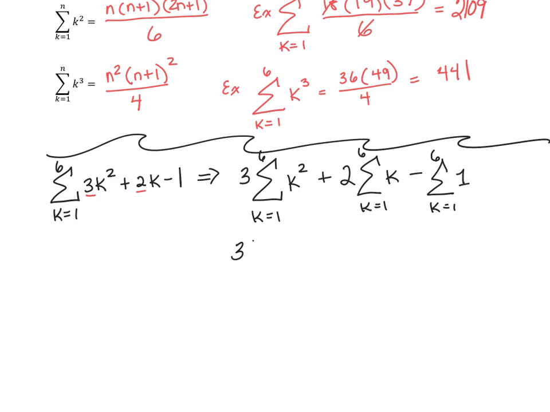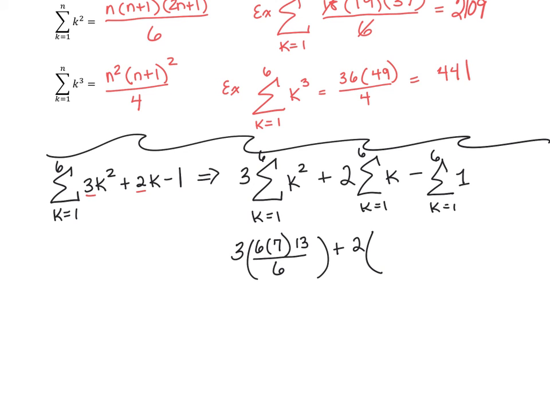So using our formula for k squared, we're going to take our upper limit. The sum of the k squares is n, which is 6, n plus 1, which is 7, and 2n plus 1, which is 13, and divide by 6.